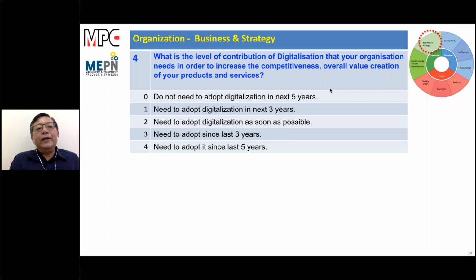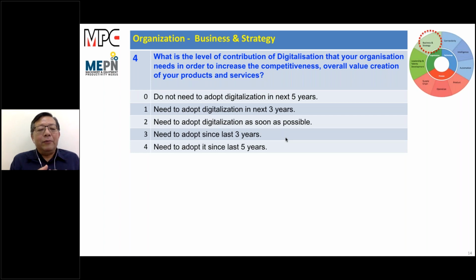Then number 2: need to adopt digitization as soon as possible. With this one, we would like to know what your level is. Are you really at a very critical mode that you need to adopt it immediately? Then number 3: need to adopt since the last 3 years. It means that there is a push by your customer, you need to transform already, but due to certain reasons you are yet to implement or improve.